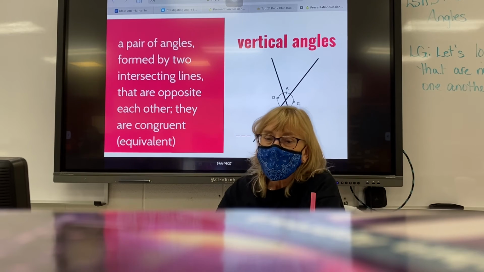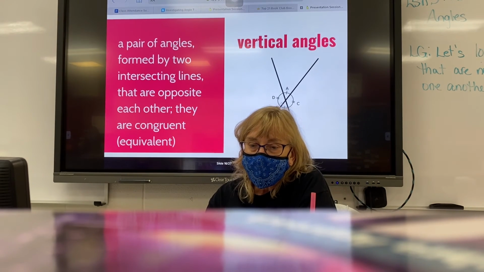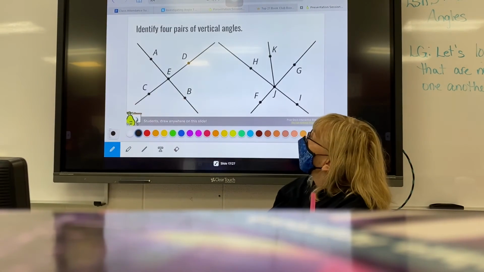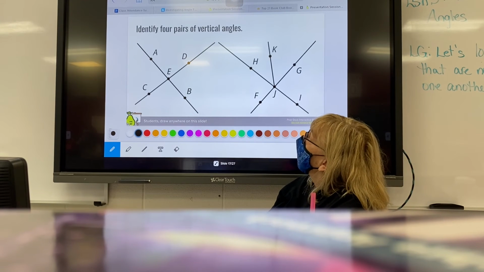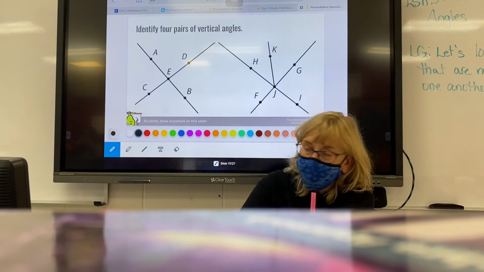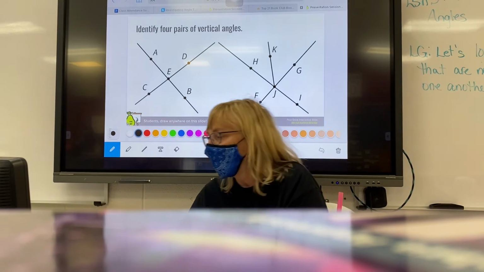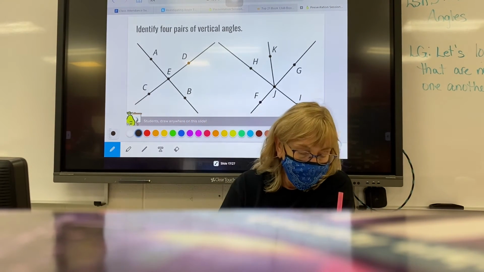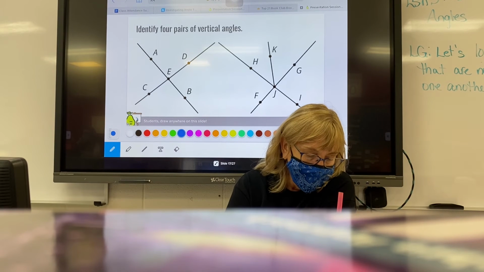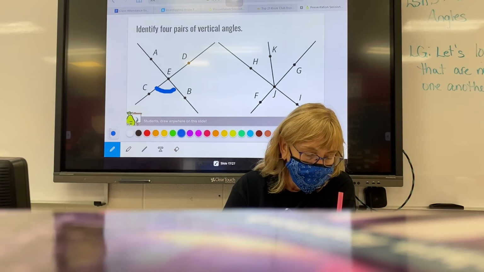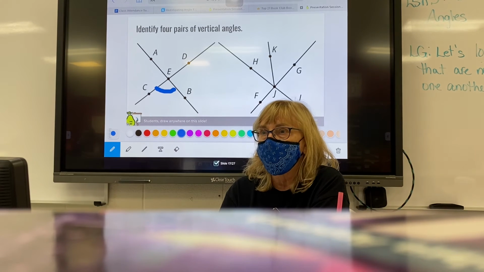Okay? All right. So now what I want you to do is identify 4 pairs of vertical angles. And you can do that by using color if you want to. So like I would come in here and I'd say, okay, here's one angle.